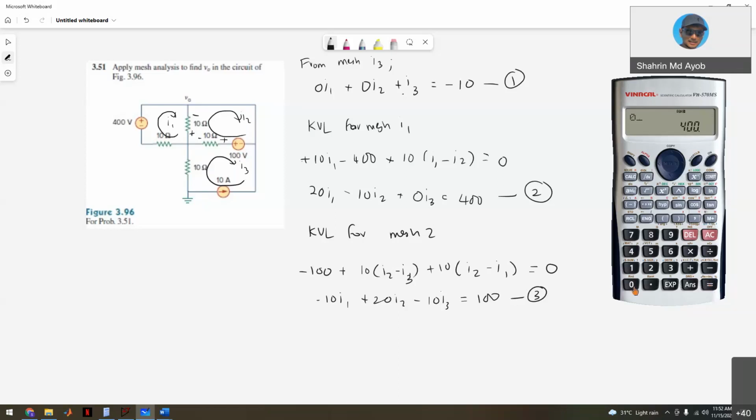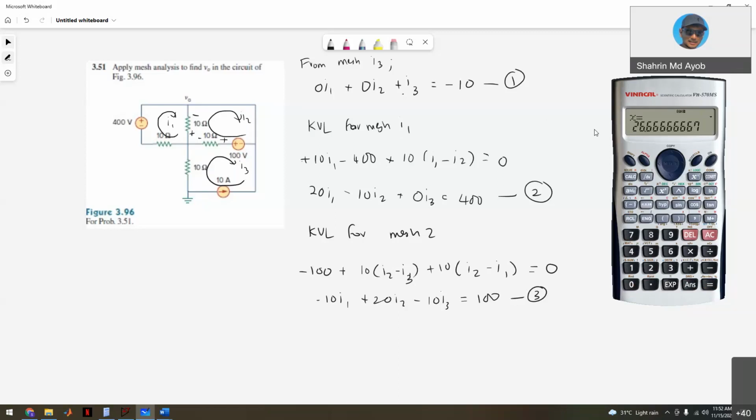Oh, this one should be 0. D is actually 400. And then A3 is negative 10, 20, negative 10, and 100. Okay, so this is circuit.